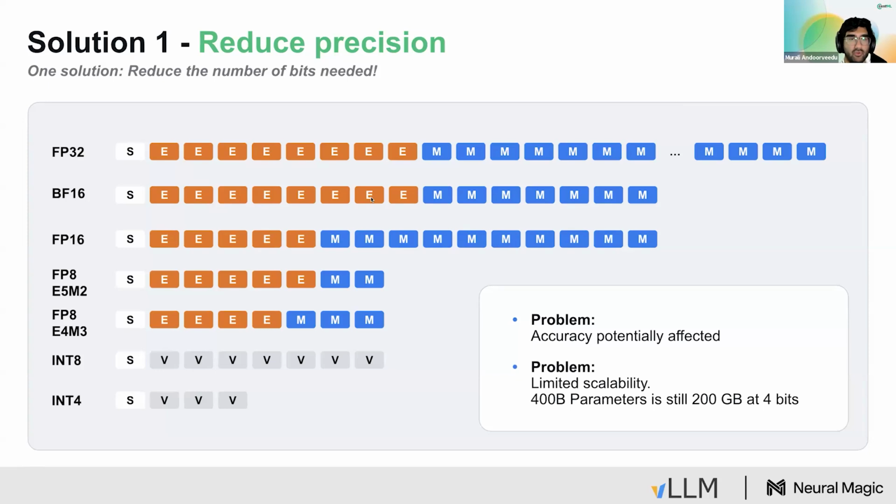When we have 400 billion parameters, even if each of those parameters only takes half a byte, that's still going to be 200 gigabytes, right? And that's still going to be beyond the capacity of a single H100, for example. So this technique can help a lot, and indeed we still want to use this technique, but just overall, we do have some of these issues, right?